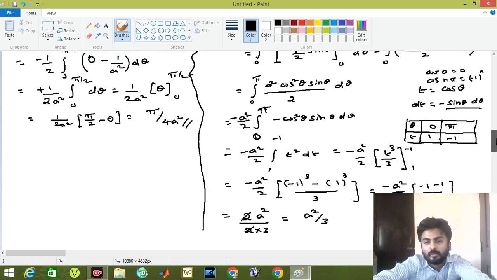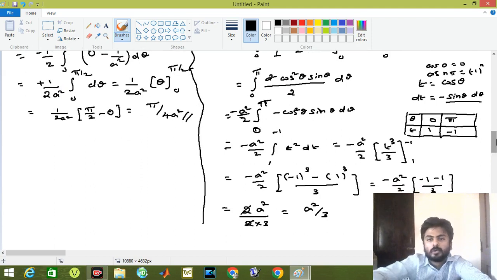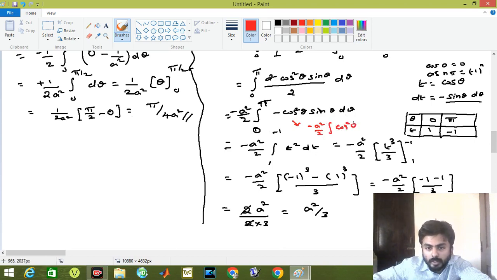So this is how you have to solve. I am writing the important step hidden here that you have to understand. Below this, what I have done is minus a square by 2 integral cos square theta into minus sin theta d theta.